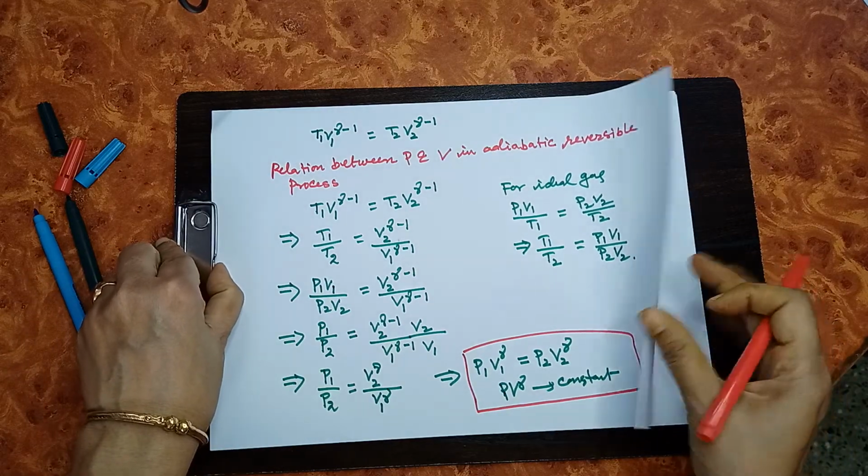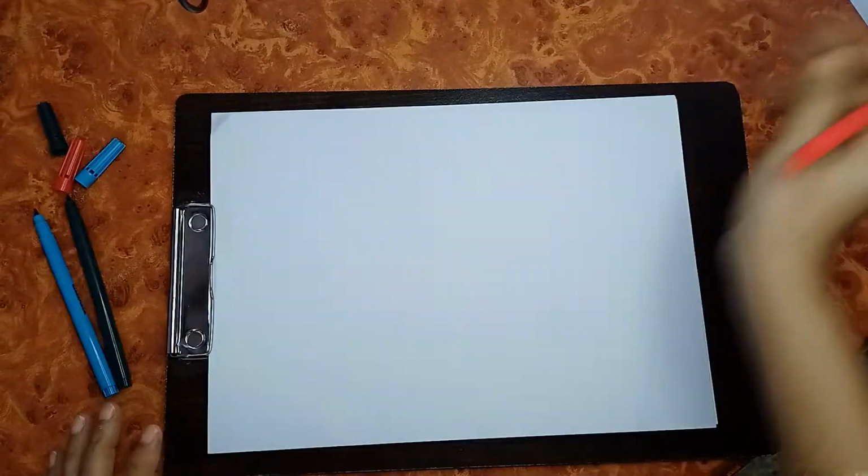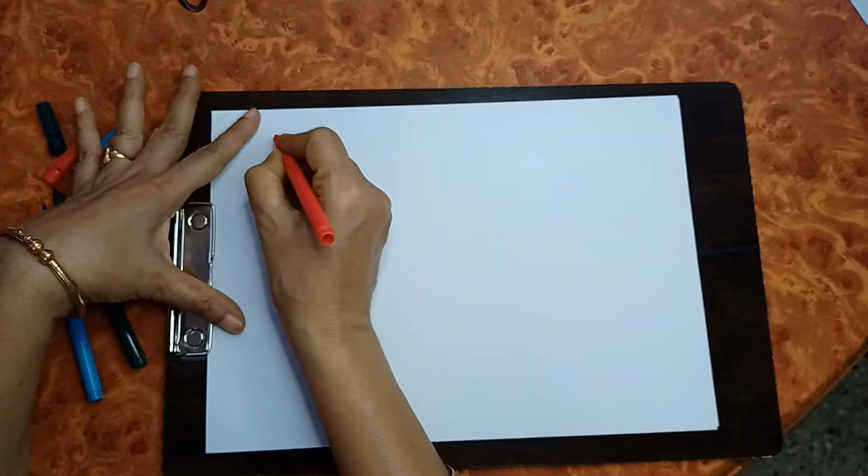Now let's derive the relation between temperature and pressure in adiabatic reversible process.